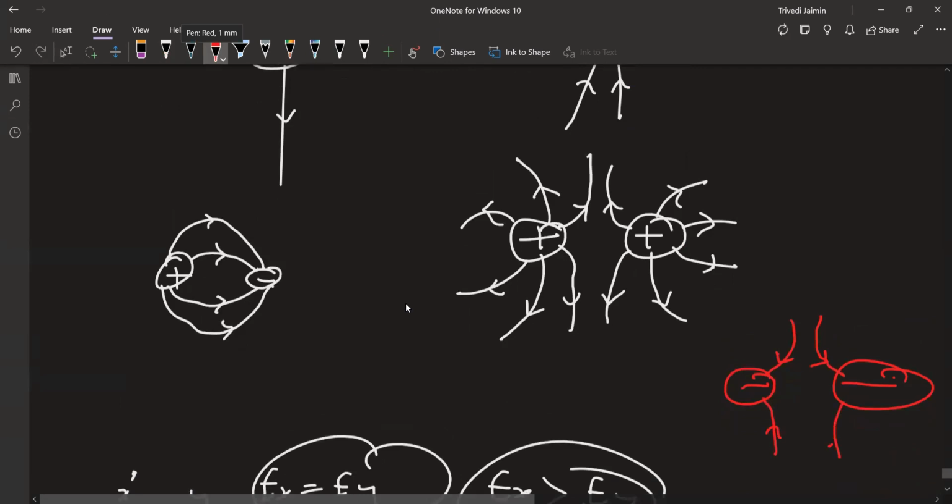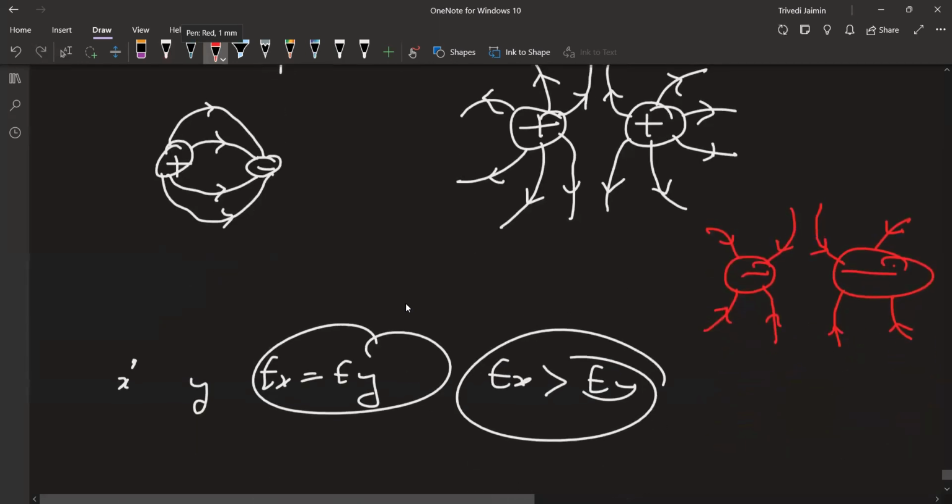The same diagram, but the direction of the arrows will be different. Got it, Johan? Sir, but why are they incoming?